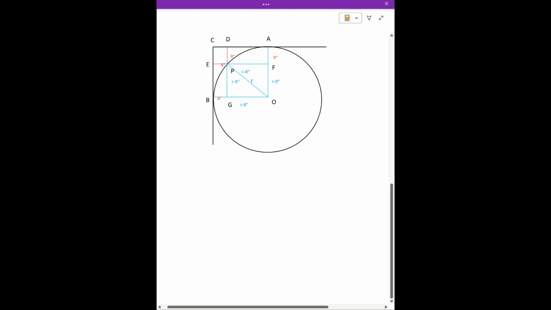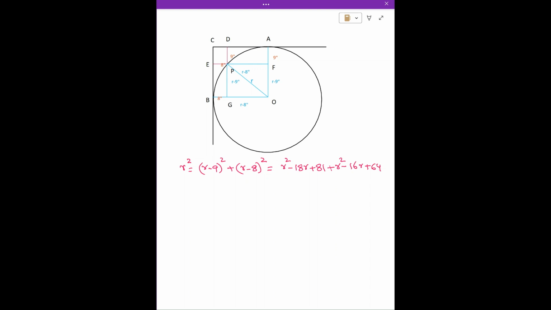So we have R squared is equal to (R minus 9) whole squared plus (R minus 8) whole squared, and that is equal to R squared minus 18R plus 81 plus R squared minus 16R plus 64. Here we have just expanded the square terms and written down the value.